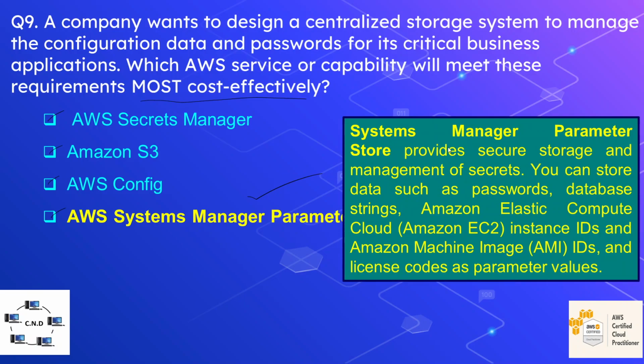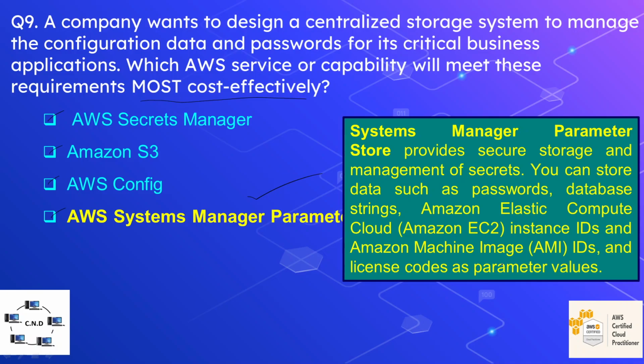So AWS Systems Manager Parameter Store basically provides secure storage and management of secrets. You can store data such as passwords, database strings, Amazon Elastic Compute Cloud instance IDs, Amazon Machine Image IDs, and license codes as parameter values with limited or no additional expenditure.